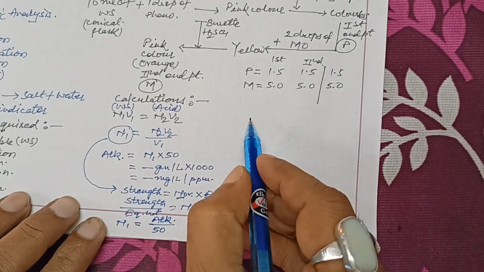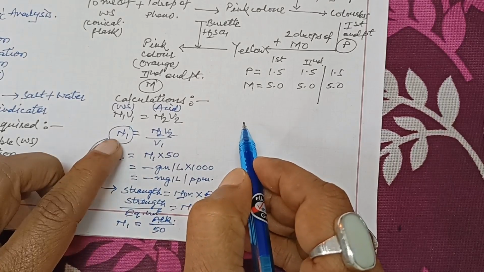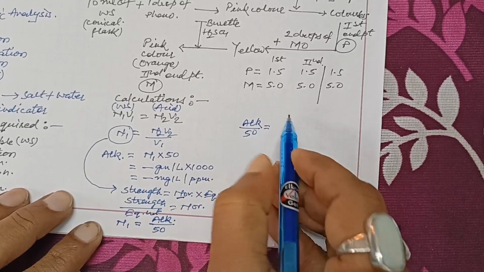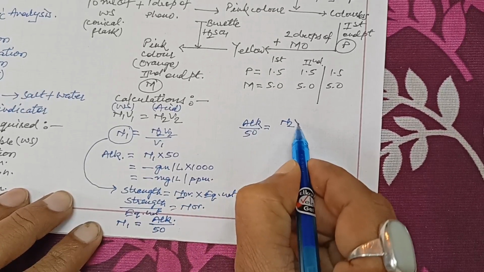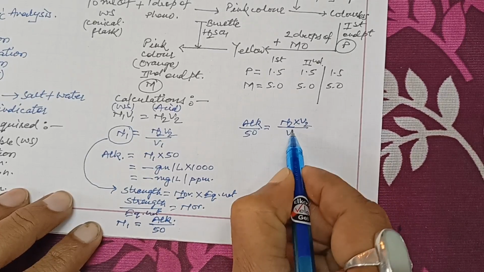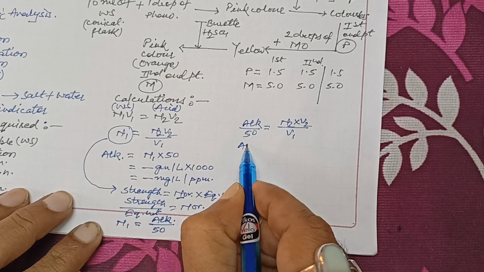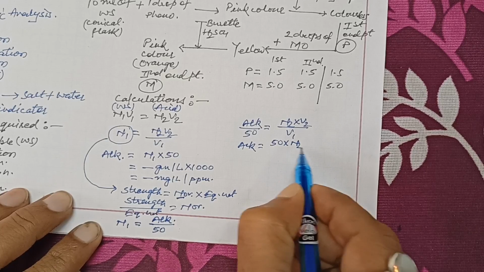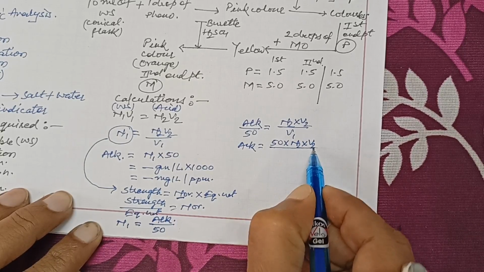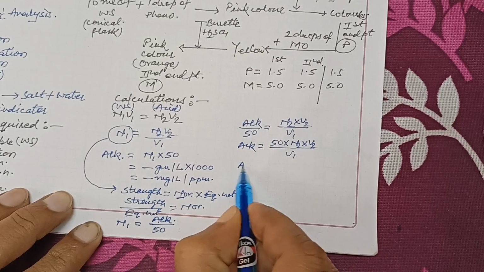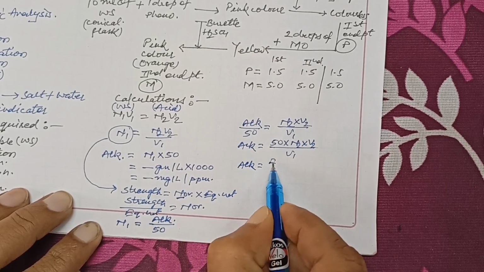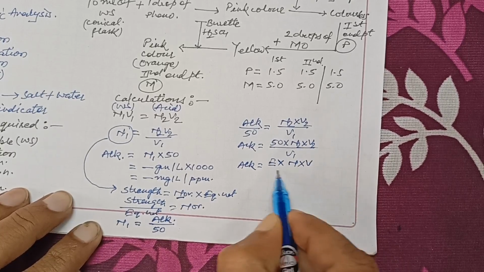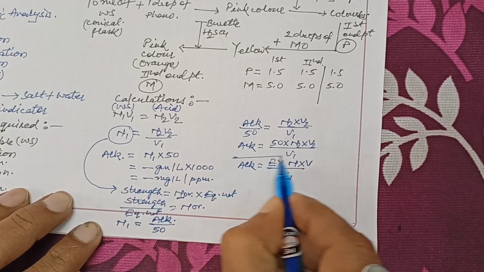So in place of N1, alkalinity divided by 50 = N2V2 divided by V1, or alkalinity = 50 × N2 × V2 divided by V1, or alkalinity = equivalent weight E × normality N × volume V divided by V1.